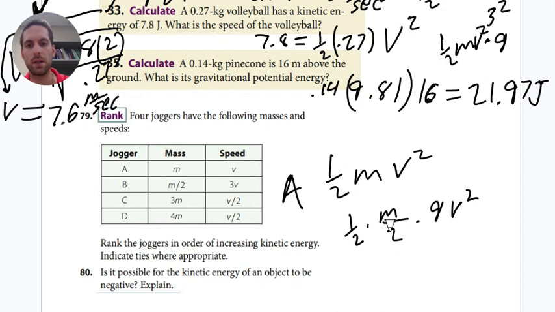And C will be 3m over 2 is 1/2 times v squared over 4.